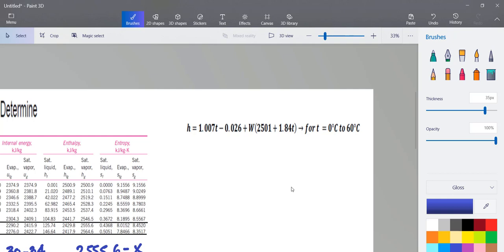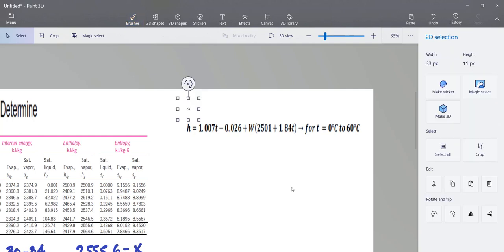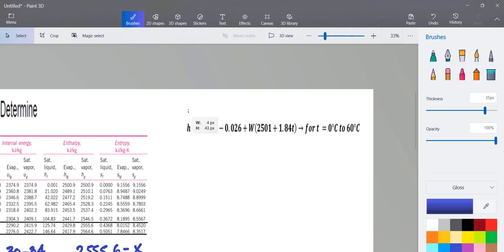So using the IHBE equation for 0 degrees to 60 degrees, we have the value for temperature and humidity. So we can directly substitute the values.